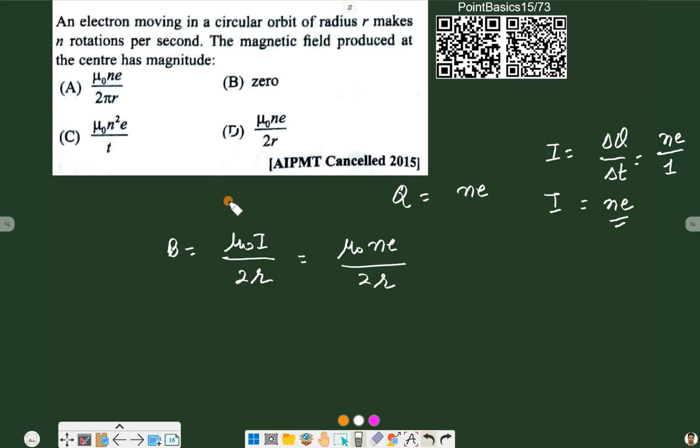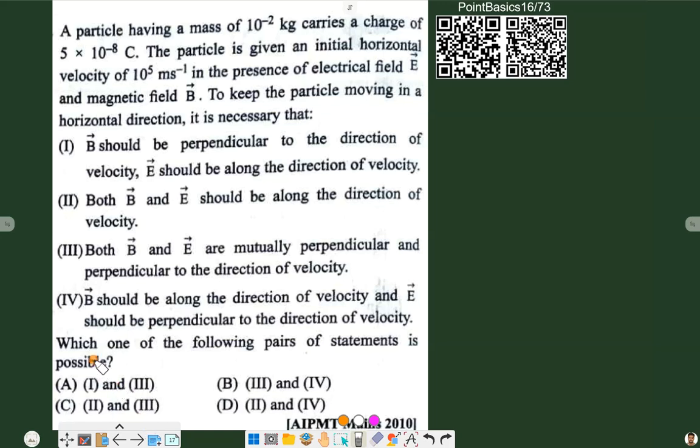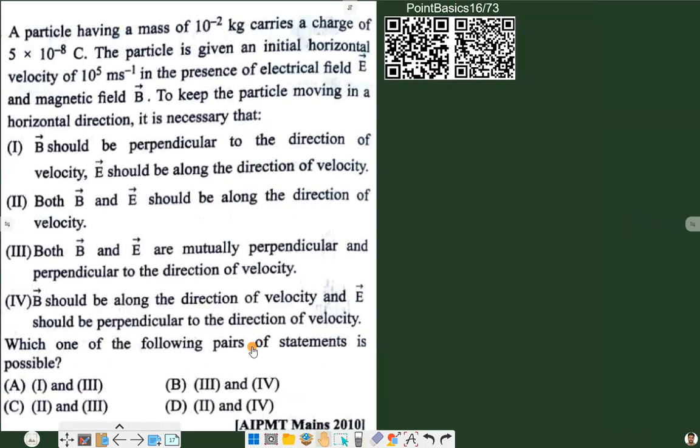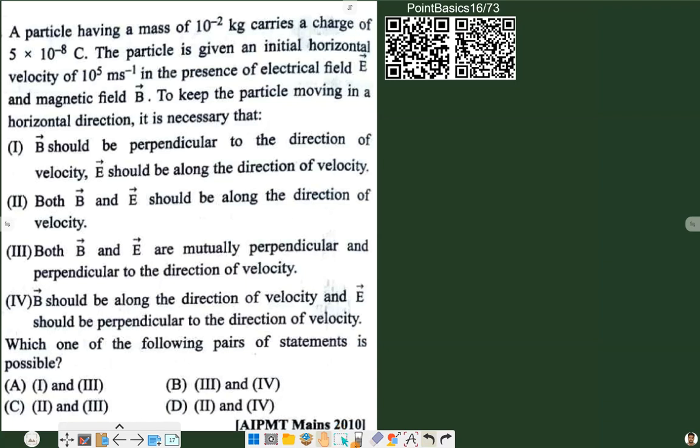Moving to the next one. So here we have a particle having a mass of 10 raised to power minus 2 kg carrying a charge of 5 into 10 raised to power minus 8 coulomb.